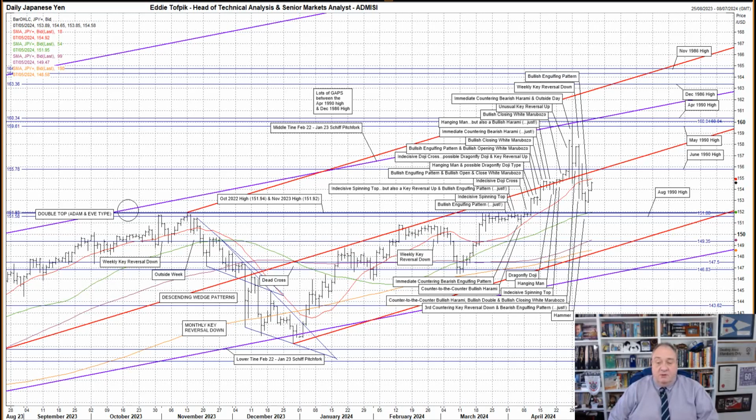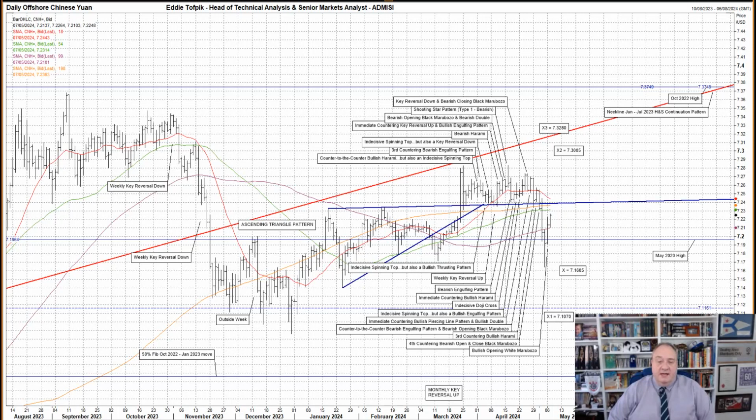Overall we are still in between the purple highlighted middle time above, currently at 160.25, and the lower time below, currently 146.17, the large February 2022 to January 2023 bullish shift pitchfork. So far today, a follow-on higher to yesterday's bullish engulfing pattern, looking like a bullish opening white Mariposa at the moment, and moving in some fairly free air as prices move up towards the bright red middle time.